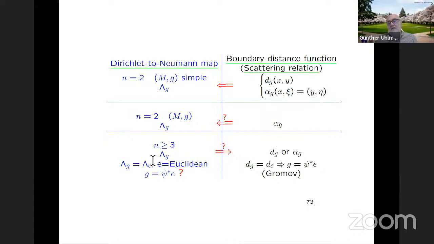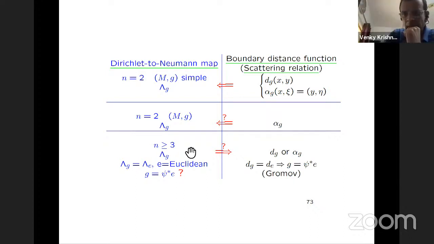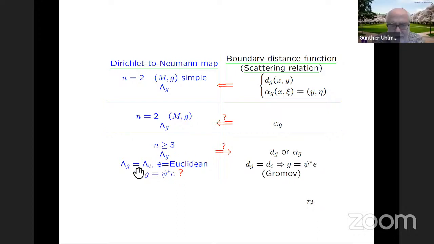So I don't know whether you can go from the distance function to the Dirichlet-Neumann map, but that would not be so interesting. You wouldn't get anything. Even a simpler question: if you have the same measurements as one metric, can you conclude that this is the pullback of it? We don't know that either.